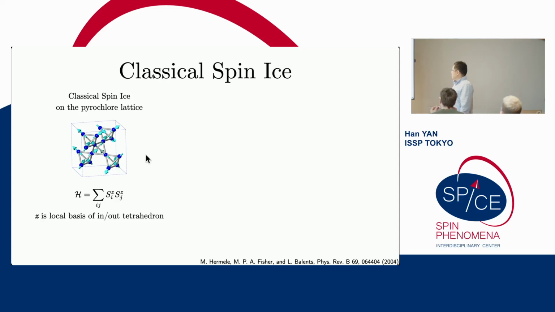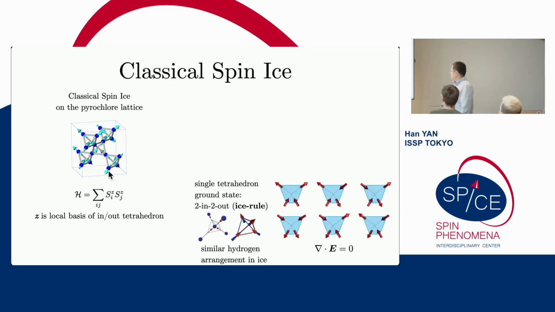This classical spin ice is defined on the pyrochlore lattice, where you have the spins pointing either in or out of the tetrahedron. The Hamiltonian written in the local z basis is just antiferromagnetic interactions between the spins.